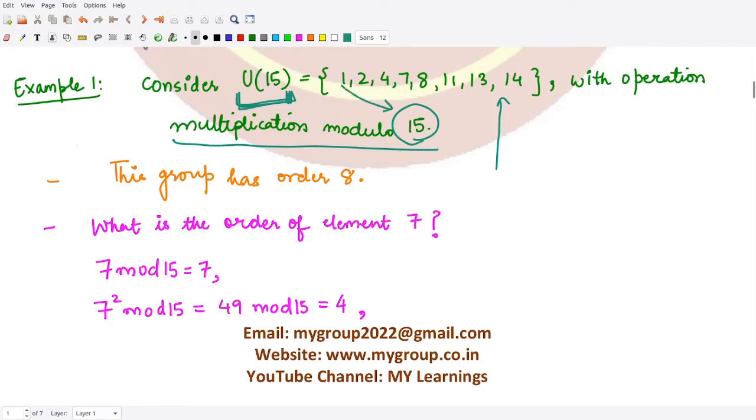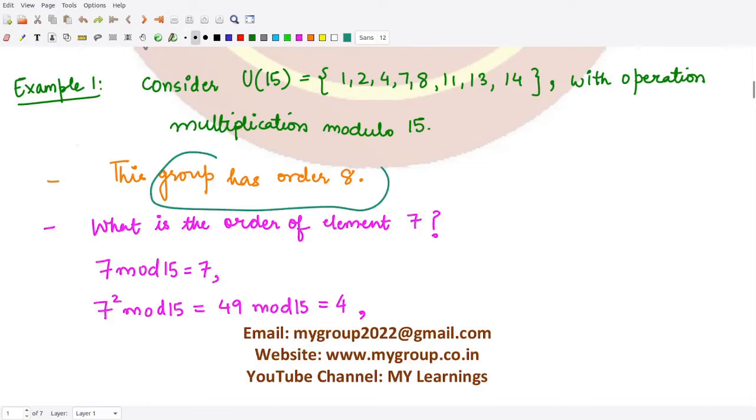You see 1, 2, 4, 7, 8, 11, 13, 14 are all relatively prime to 15. So this is a group, and it has 8 elements, so the order of the group here is 8.